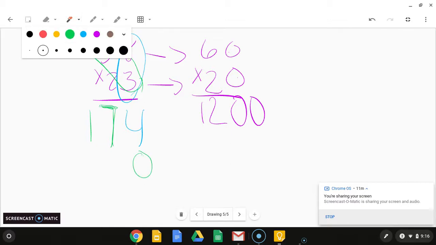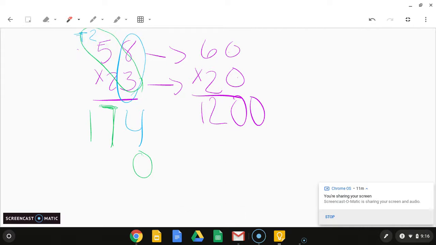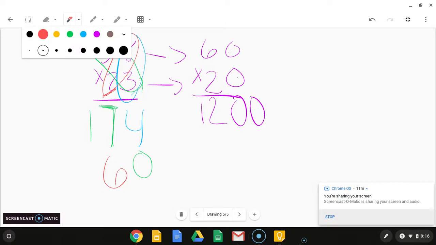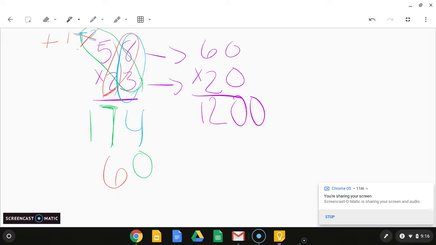Change in my color. All right, and then we go to our tens place here. 2 times 8 is 16. 6, and I'm going to cross off that 2 and put plus 1. And change my color again. All right, 2 times 5 is 10, plus 1 more is going to give us 11. Now let's add.